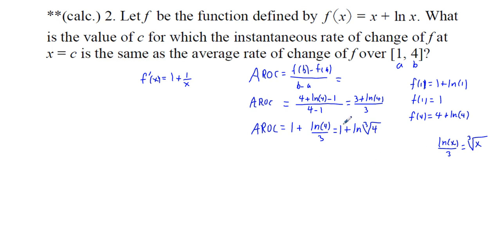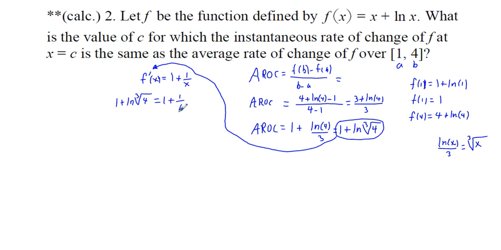So now we can take this, step 3, we'll take this 1 plus the natural logarithm of the cube root of 4 and set that in place of f prime of x. So we say 1 plus natural logarithm of cube root of 4 is equal to 1 plus 1 over x.